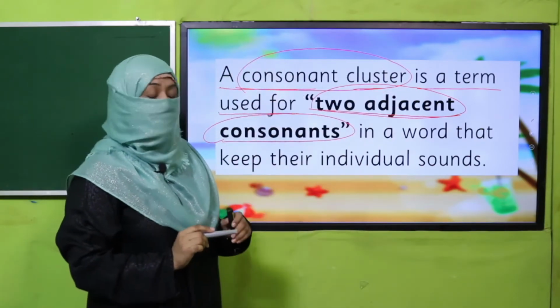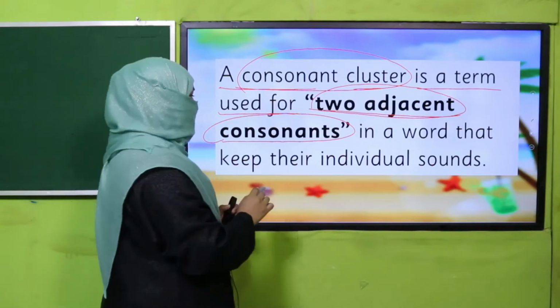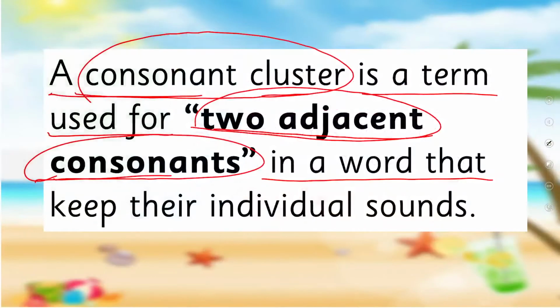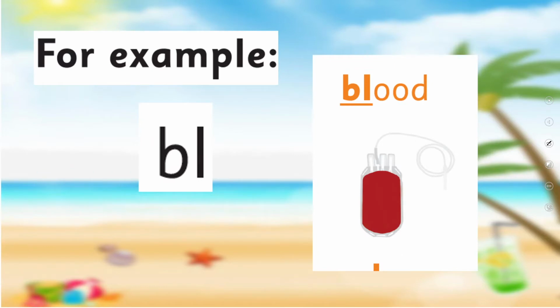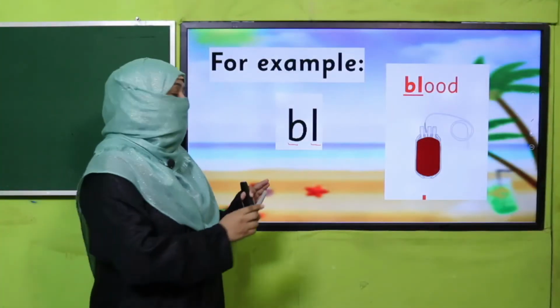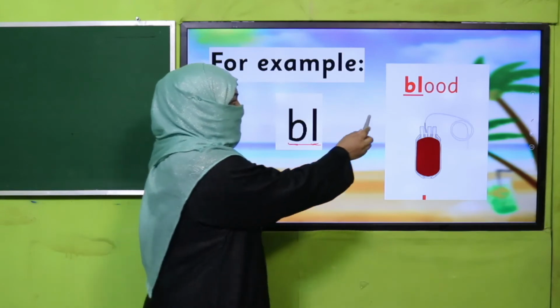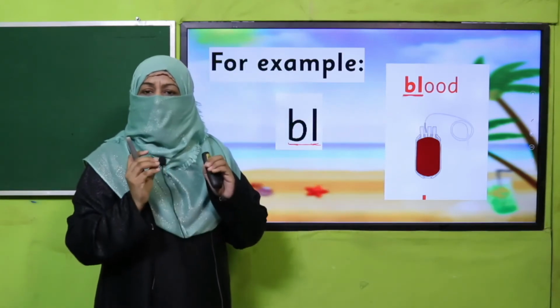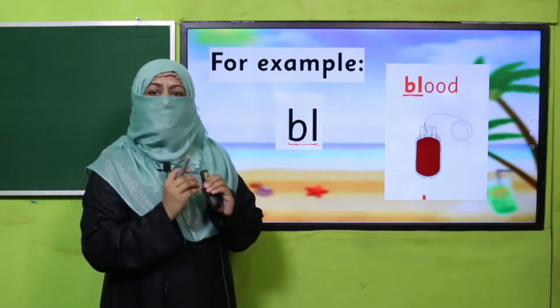And in this consonant cluster, both of the letters keep their individual sound. Okay, how do we say it? Now look at this. First, look at these letters, B, L, both are consonants. When we find a consonant cluster in a word, we say it together and both consonants keep their sound.